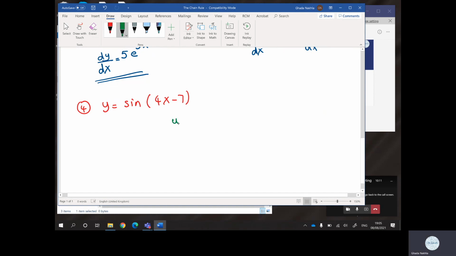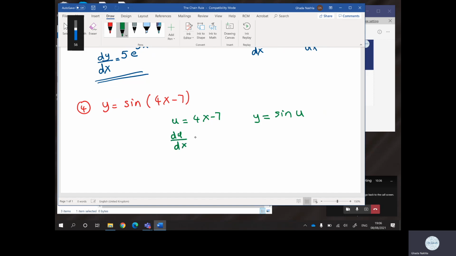So I'm going to let u equal 4x minus 7. Let u equal the bracket, which means that y is equal to sine the bracket. And what is the bracket? u. So sine u. And then you differentiate du by dx.